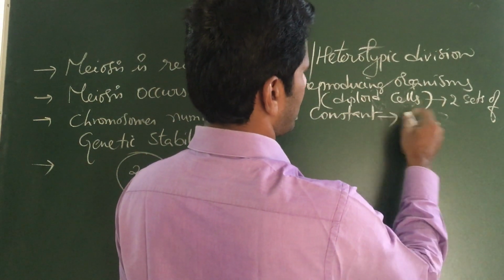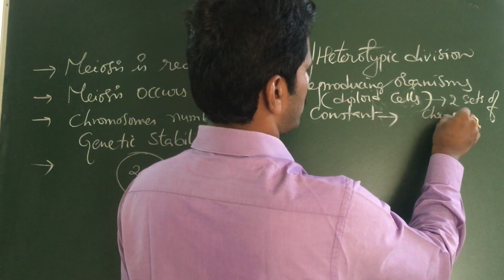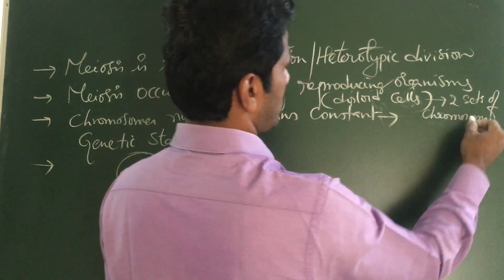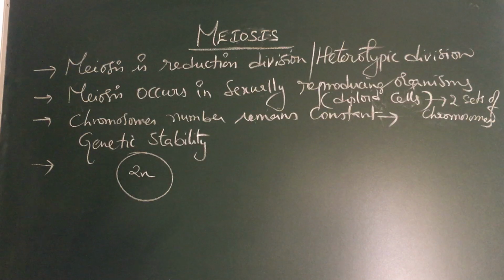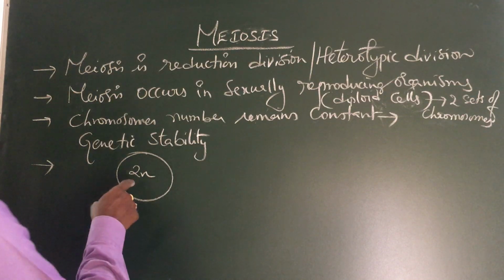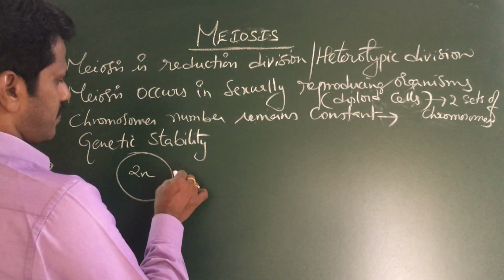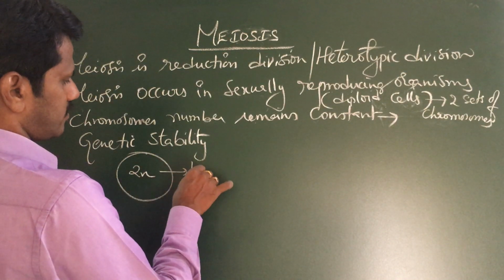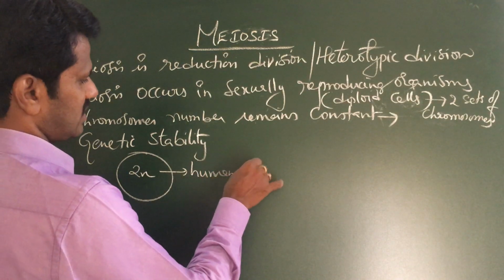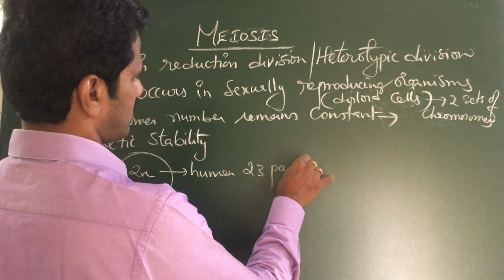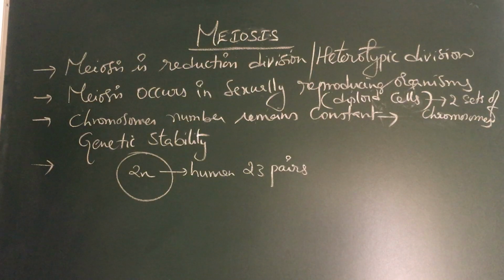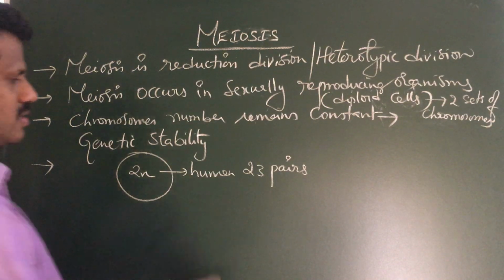In a diploid cell you have two sets of chromosomes. In a haploid cell you have only one set of chromosomes. For example, in humans there are 23 pairs, so these are in two sets.